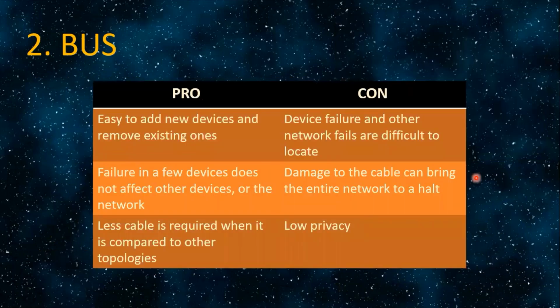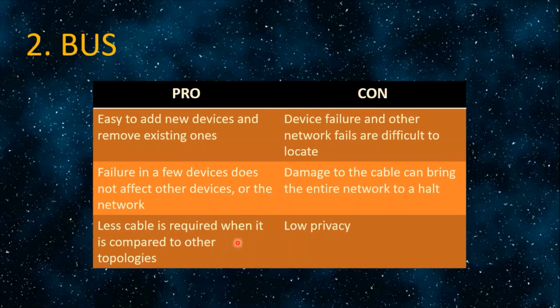The pros of using a bus topology are that it is easy to add new devices and remove existing ones. Failure in a few devices does not affect other devices or the network because they can be removed easily.